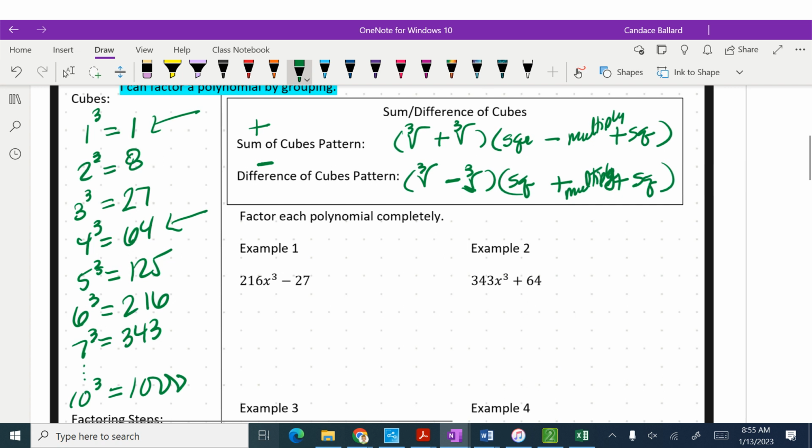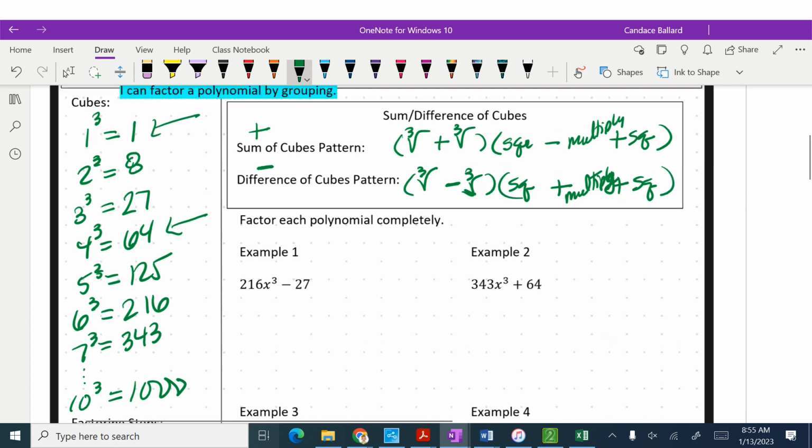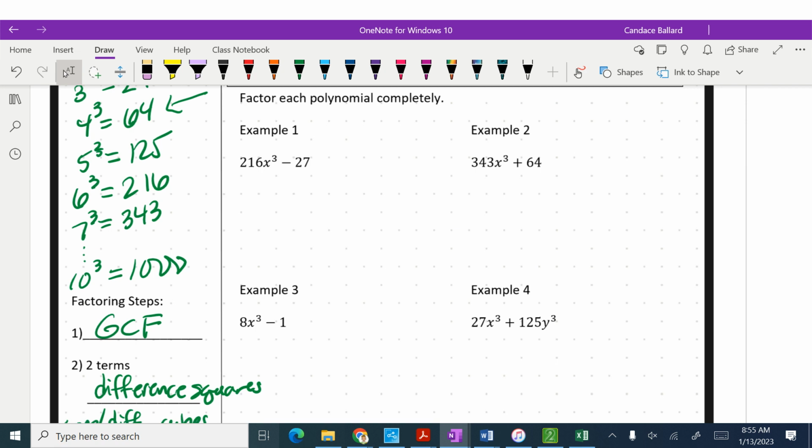All right, our instructions are exactly the same as when we were factoring before. It's factor completely. I added the word polynomial because now we're in the polynomial unit, but I could just write factor, and that means factor completely. So I'm going through my list of factoring steps. In this first one, do I have a greatest common factor? Is there something that divides 216 and 27? I don't think so.